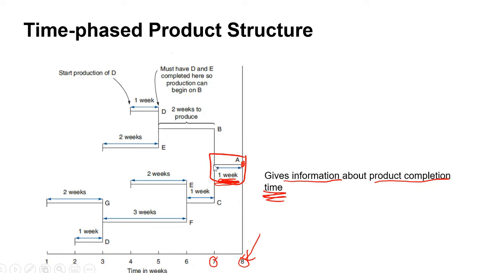You need to release the order on week 7 for A so that you can complete on week 8. So you move backwards because B and C are dependent. You need to complete B before you can assemble A. But B can only be completed at week 7 here because it requires 2 weeks to produce. It must start on week 5.